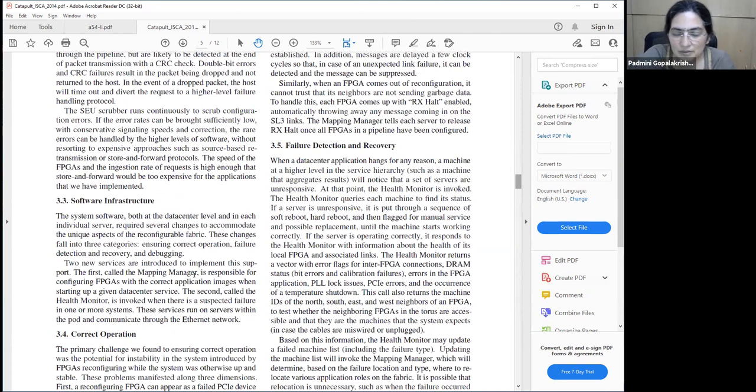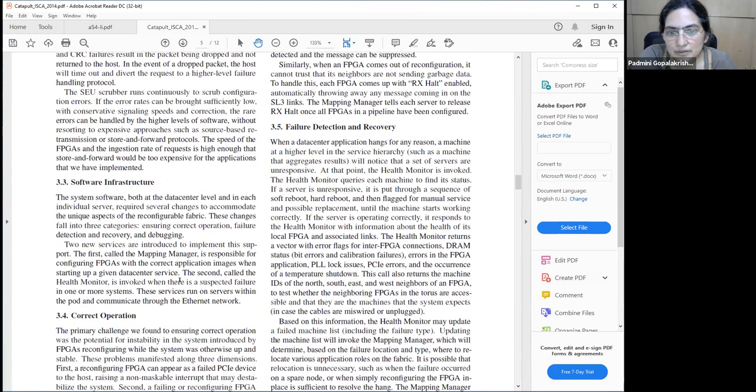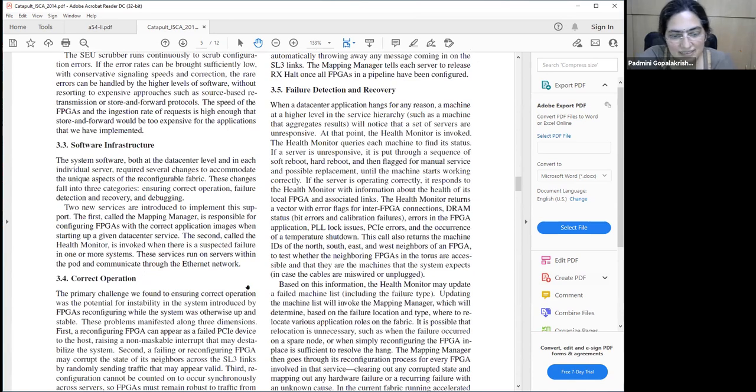What this does is, if you have an application, remember they have a set of 6 FPGAs, the mapping manager can take the entire application and partition it into different FPGAs, put the correct bit stream in and start it up. Okay. So that is one service. The second service is what they call a health monitor, which polls for failures, and you can use that for debugging. Okay. So we'll come back to this a little bit later.